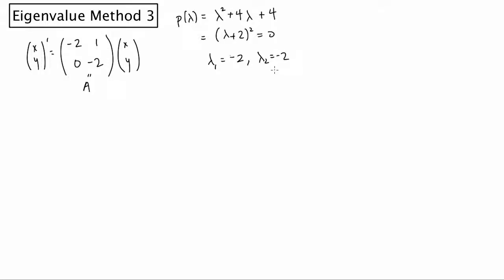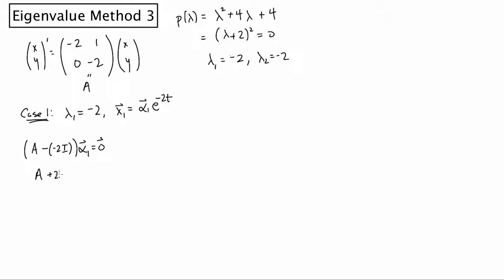So case 1: let's use lambda 1 equal to -2, and I'd be looking for a solution of the form alpha 1 e to the -2t. So I'm looking at A minus -2I times alpha 1 equal to 0, which is the same thing as A plus 2I.